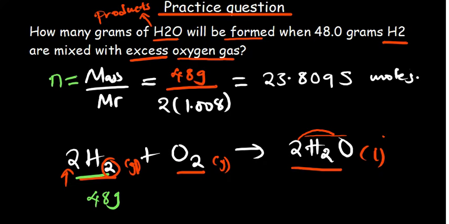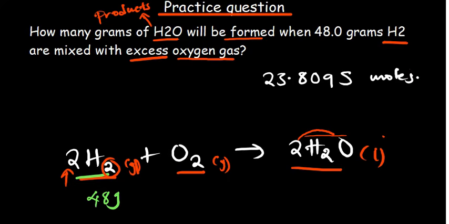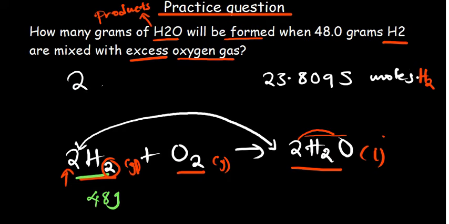So this is a point where we get to introduce the use of the mole ratios. Okay. So the number of moles that we found are for hydrogen. So I'll put H2 there. Now, we want to find the grams of water that will be formed. Now, notice one thing. These guys are in the ratio of what? They're in the ratio of 2 to 2. So, a ratio of 2 to 2 tells us they're in the ratio of 1 to 1.